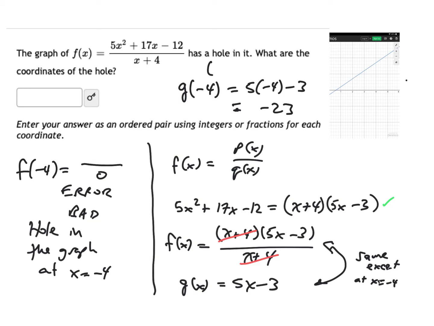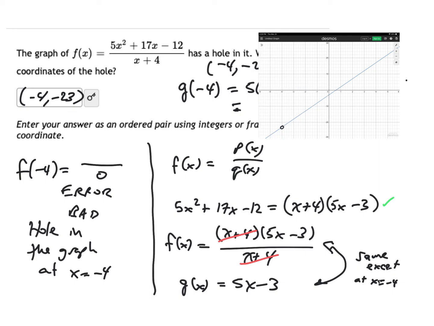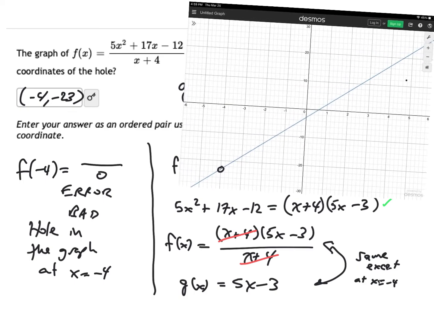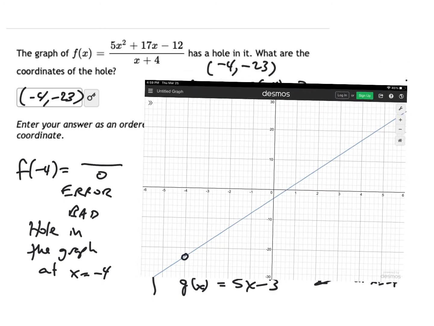So this g line goes through -4, -23, and that's identical to the f graph except at that one point. And so this is going to be the answer to my question. The hole in f is just exactly that point that's on the line. And if I go back to my Desmos graph, you'll see that that is in fact consistent with what we're seeing on the graph here.